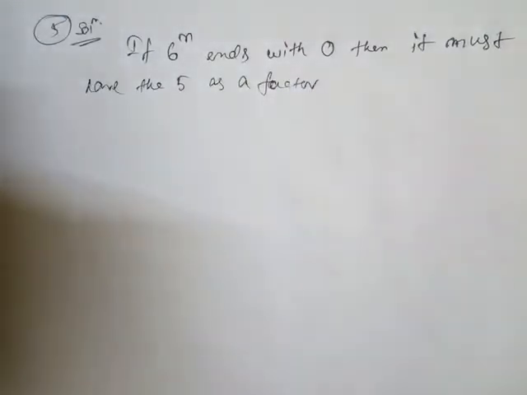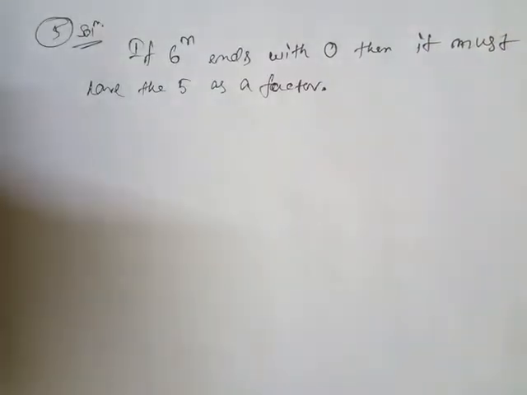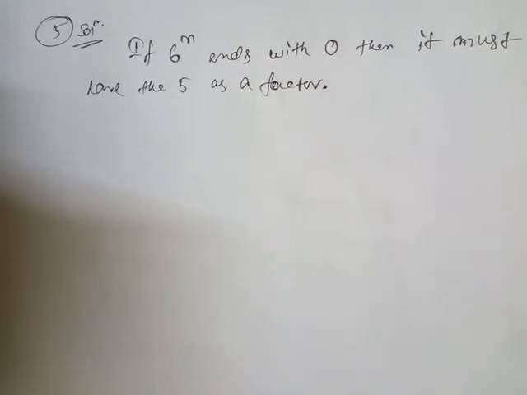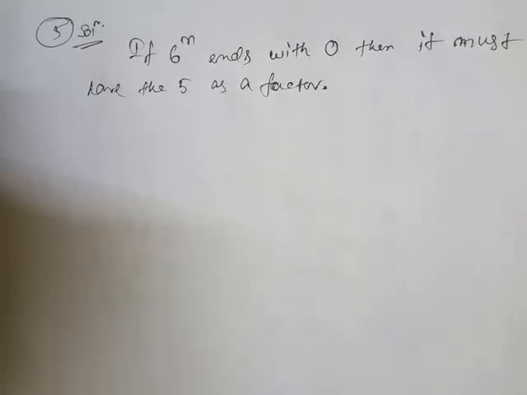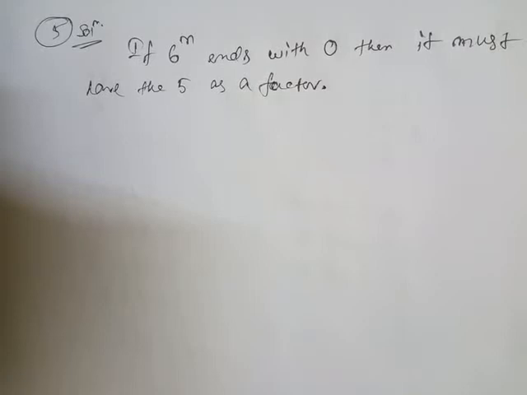Now look student, if there is 10, the factor is 2 into 5. If there is 20, the factor is 4 into 5. If there is 30, the factor is 6 into 5. If there is 40, the factor is 8 into 5. In every case, if the digits end with 0, like 10, 20, 30, 40, definitely there is 5 as a factor.